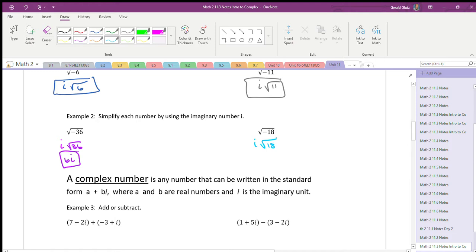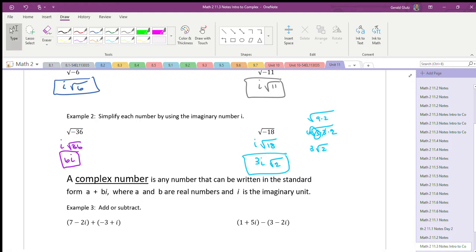Now I can break down 18. I know 9 times 2 is 18, and 3 times 3 is 9. 3 comes out, the other one goes away, so I have 3 root 2. So 3 comes out, there's already an i out there, so I just multiply them together, 3i, and 2 stays on the inside, times the square root of 2. So 3i root 2 is my answer.